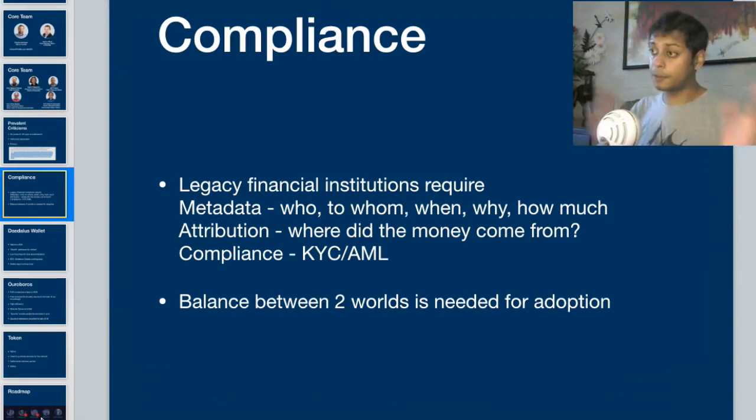They will also require attribution, which sort of follows on from the metadata, which is where did this money come from? And that, in turn, goes to the compliance side of KYC, which is Know Your Customer, or AML, Anti-Money Laundering initiatives. Financial institutions and governments abhor, despise the anonymity that cryptocurrency brings.